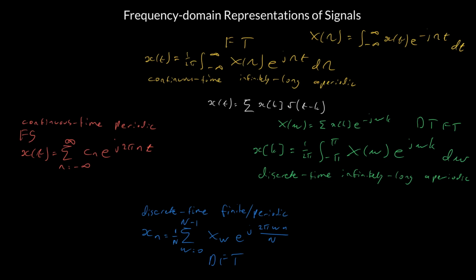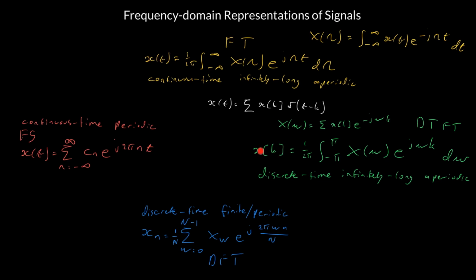Sometimes we intentionally convert one type of signal to another type of signal. The most common case is that because we want to do digital signal processing, we start off with a real-world signal x of t and we sample it to get x of k.